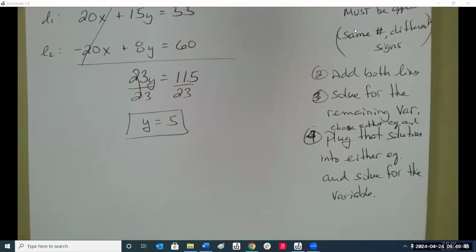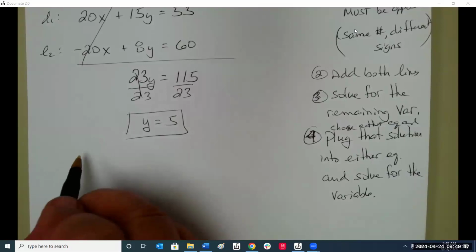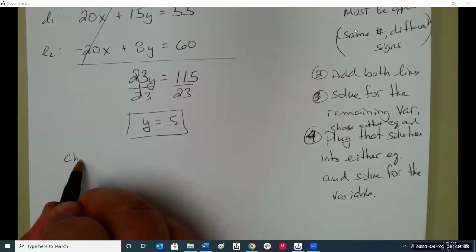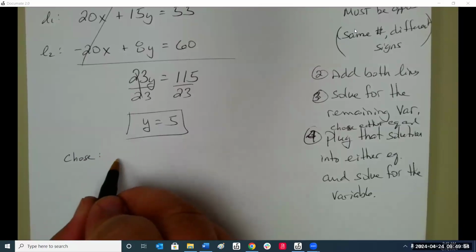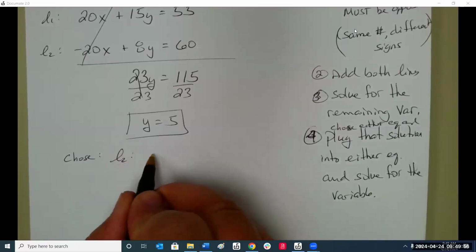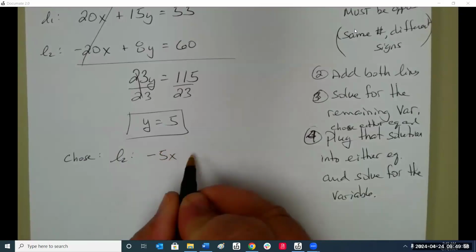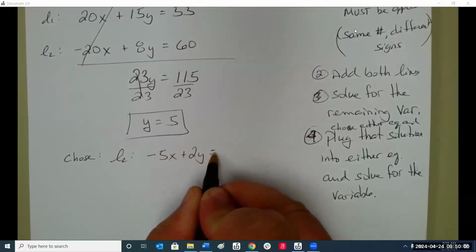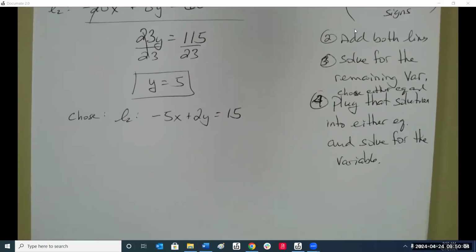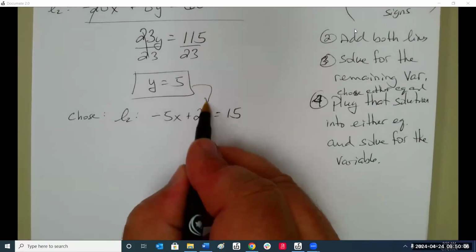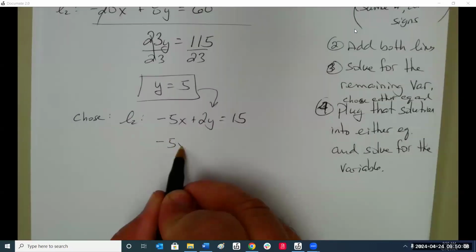So let's use equation 2. I chose equation 2. So it's negative 5x plus 2y equals 15. Anywhere I see a y, I put a 5.